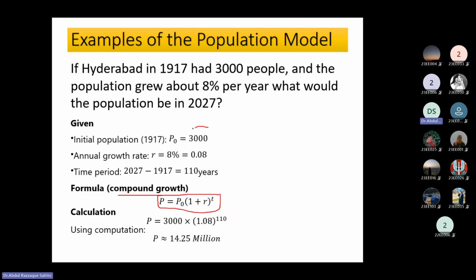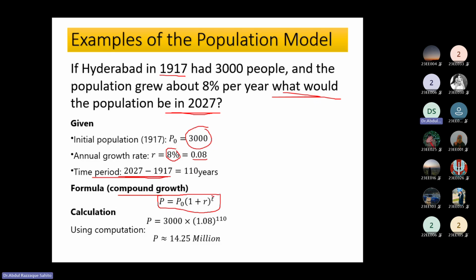If the initial population was 3,000 and the annual growth rate is 8%, converting 8% into a fraction gives 0.08. As per the numerical, what will be the population in 2027? The initial year is 1917, so the difference between the years is 110, and we consider time as 110 years.